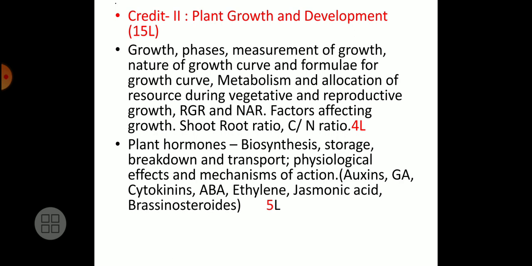Now that metabolism process helps the plant in growth itself, and again vegetative growth and reproductive growth, relative growth rate, net assimilation rate, that is RGR, NAR, that also we have to learn. And the most important thing is the factors affecting growth itself.